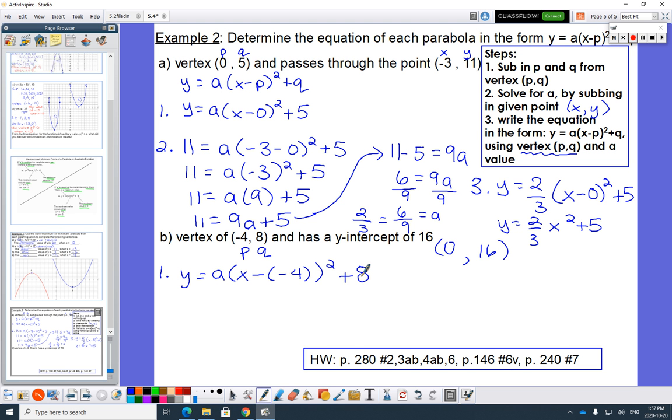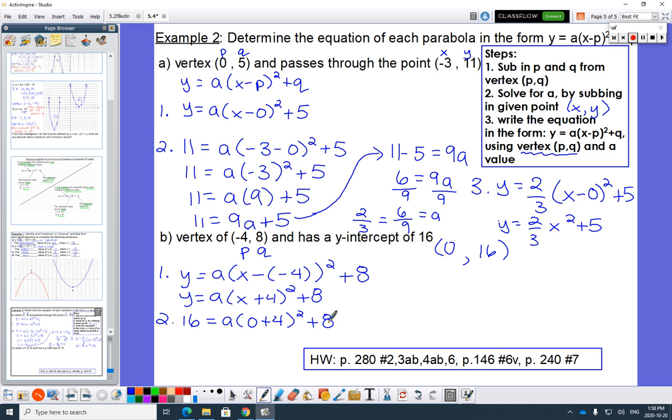If you want, in this step here, before you plug everything else in and maybe mess yourself up, rewrite it there. Okay, and then plug in the x and y. You can do that. So I'm following the same steps. I plugged in the point, even though it just says y-intercept.